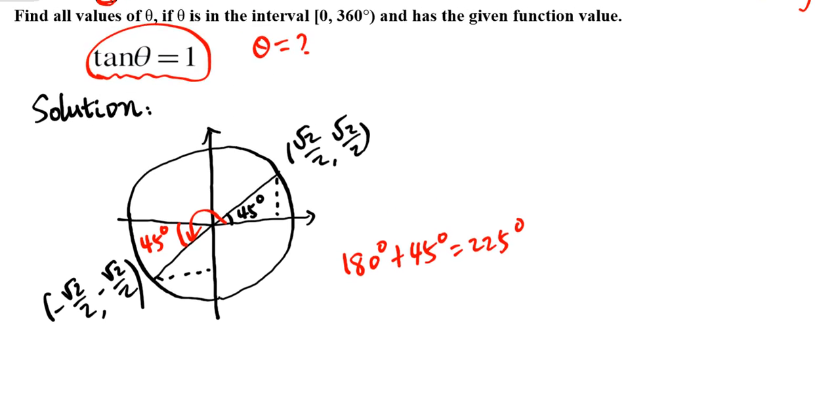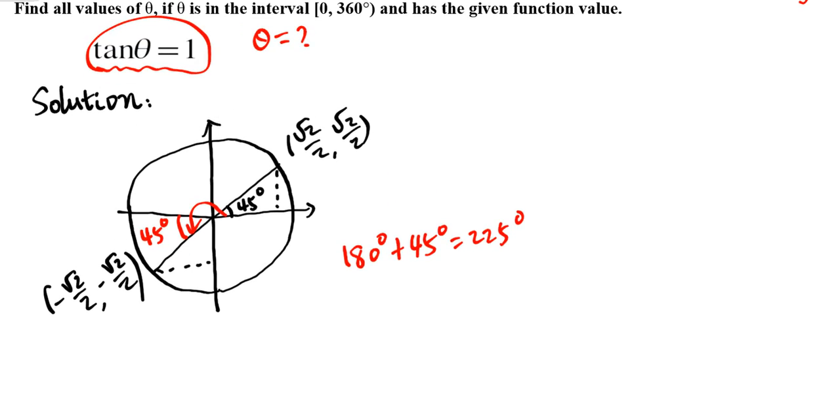All right. Now, here we have 45 degrees. So the x coordinate is radical 2 over 2, and the y coordinate is radical 2 over 2. Here, this terminal side is in quadrant 1. Here, the terminal side is in quadrant 3.